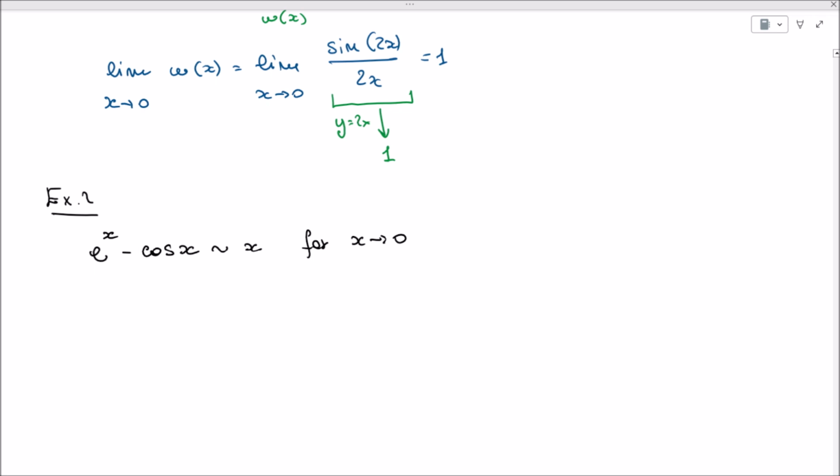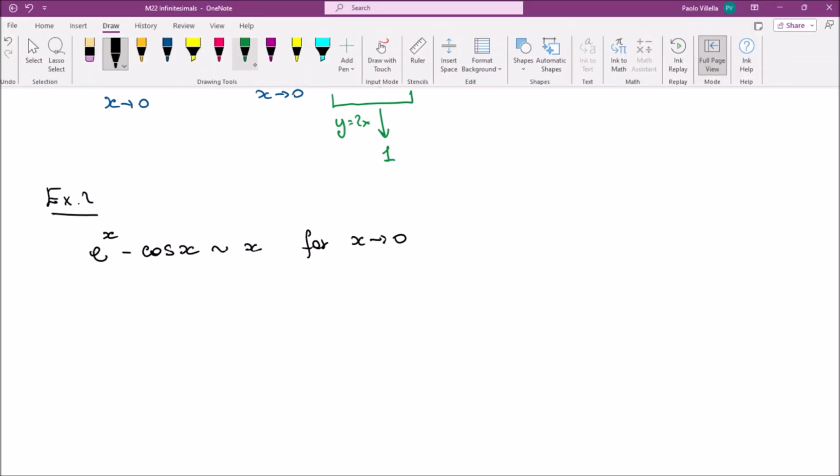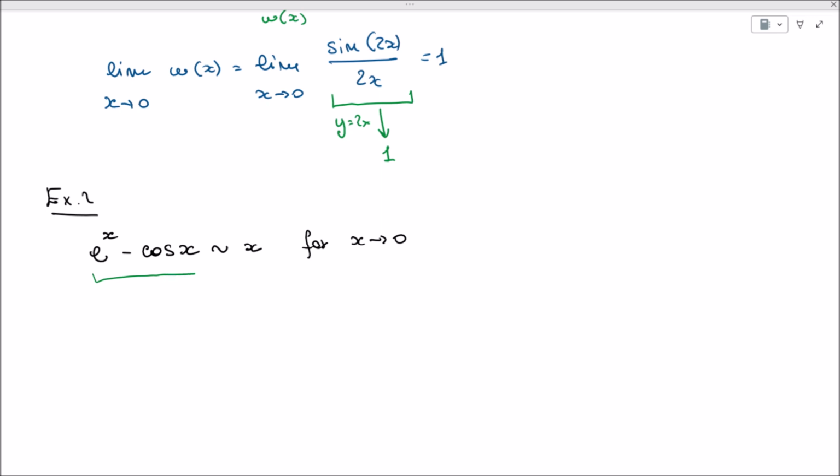Now, same story. We see that this is f of x, this is g of x. Well, we need to find omega of x such that f can be expressed as omega times g with omega that tends to 1.